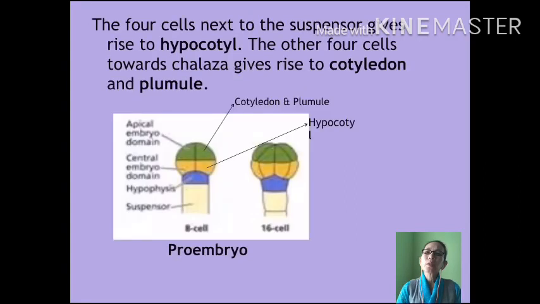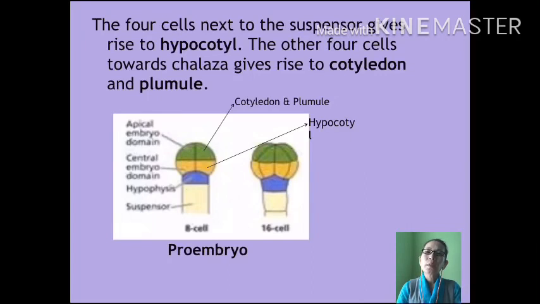Out of the 8 cells of the octant proembryo, the 4 cells which are near to the suspensor are going to be giving rise to the hypocotyl. So, hypocotyl are the embryonic parts which lie below the cotyledon.